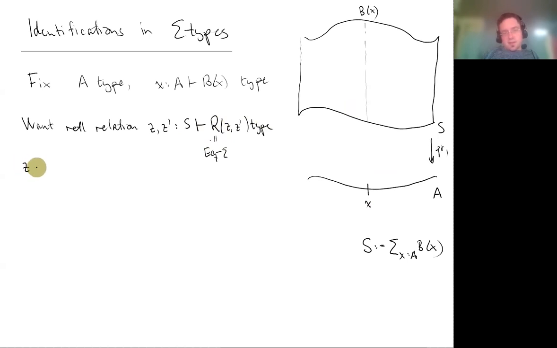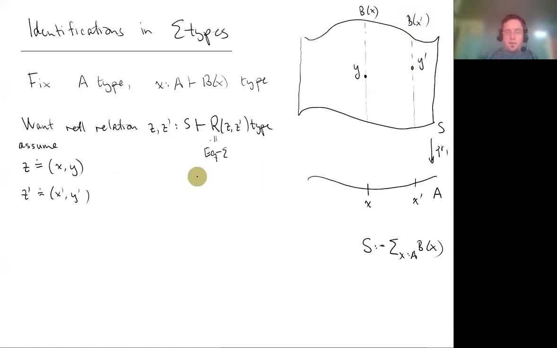So let's say, by sigma induction, because we know what the terms of a sigma type are, we assume Z is a pair of an X and a Y, so we have a Y in B of X. And let's say Z prime is the pair X prime and Y prime, so this lives over some X prime, and we have a Y prime in B of X prime.